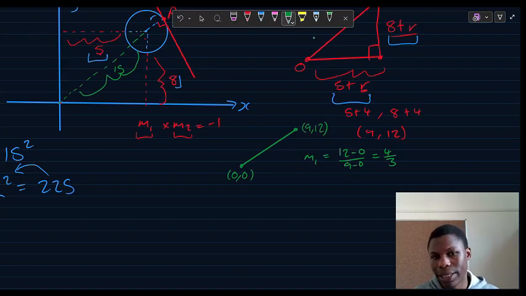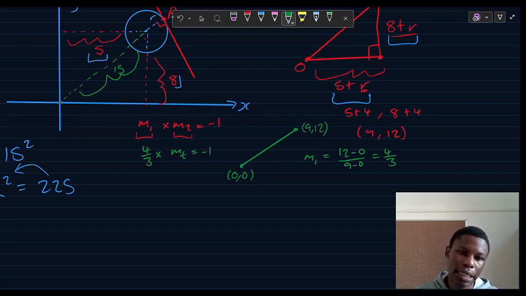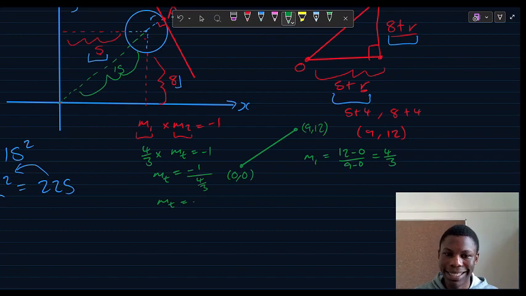And we can tell that this has to be perpendicular to the tangent at P. So we can say that 4 over 3 times the gradient of our tangent is equal to -1. So the gradient of our tangent is -1 over 4/3. So the gradient of our tangent is -3/4.